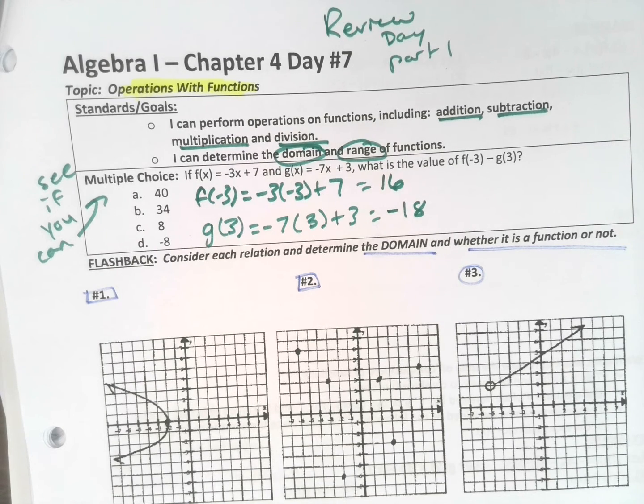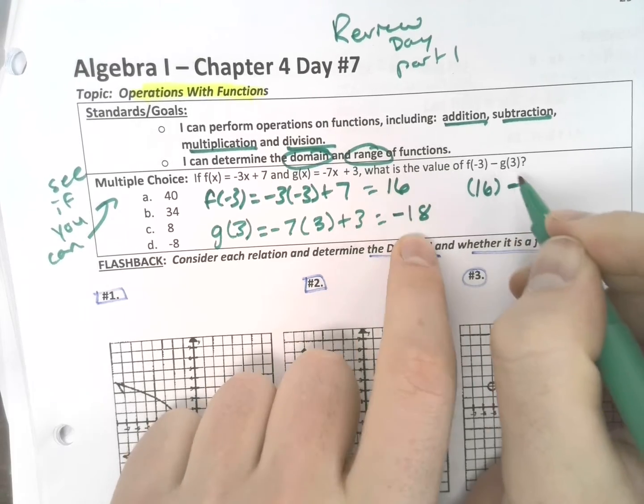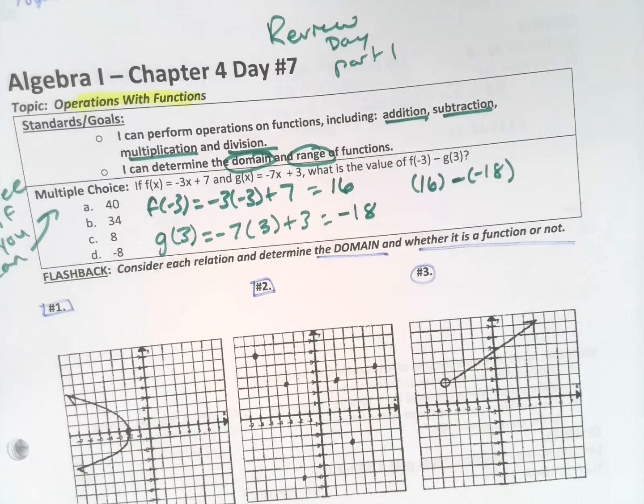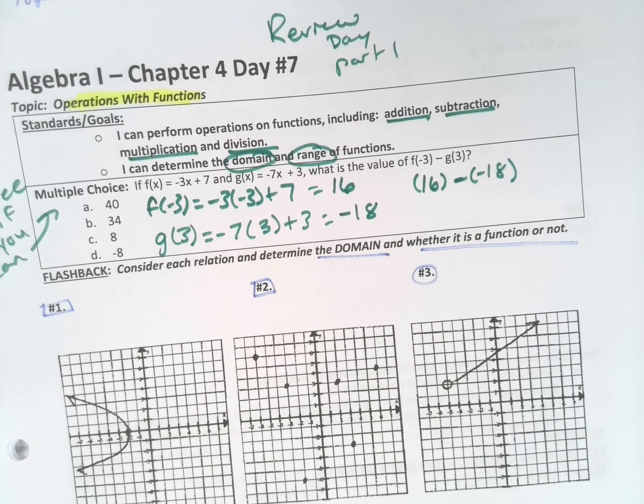Ooh, witchcraft. We take this answer and subtract it by that answer. So we take 16 and subtract it from -18. And ooh, be careful. We got a number minus a negative. You guys already know what's going to happen there.